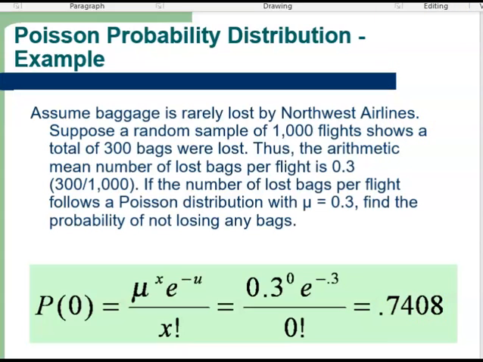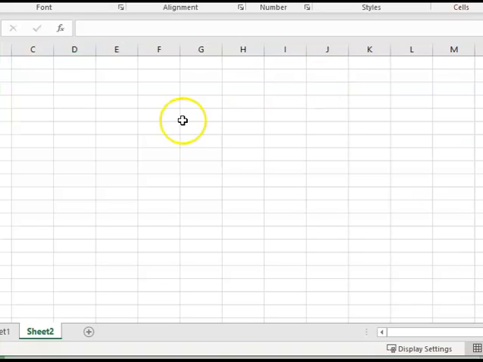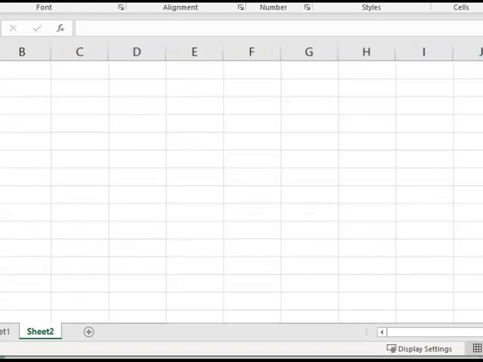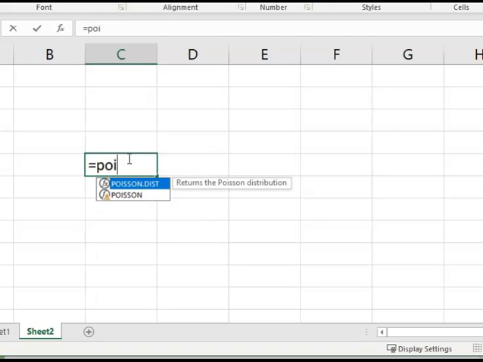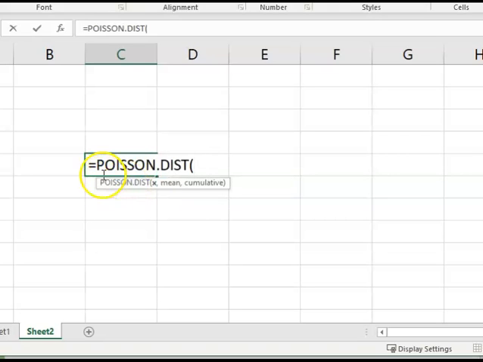Okay. So you simply just need to type equals to Poisson distribution of x. So what is x here?